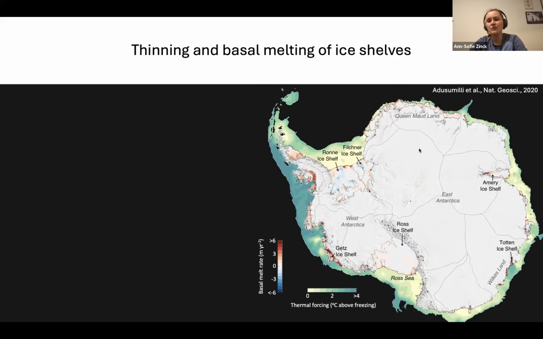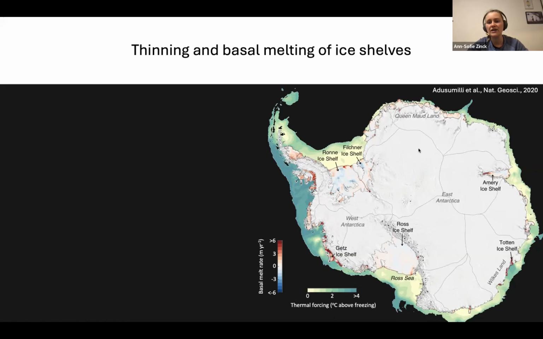What we also see from this view, when we look at all of Antarctica together, is a spatial variability of the different ice shelves, and it looks like pretty high resolution, which, to be fair, it also is at the Antarctic-wide scale.